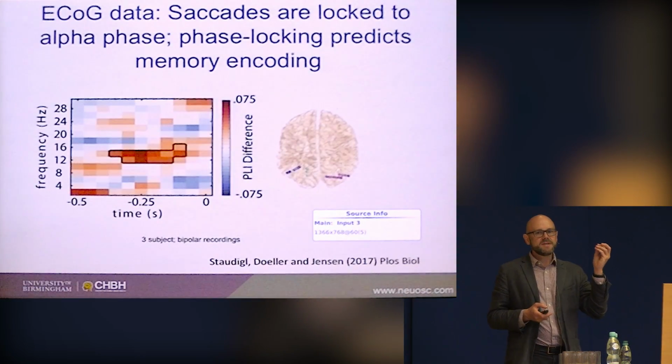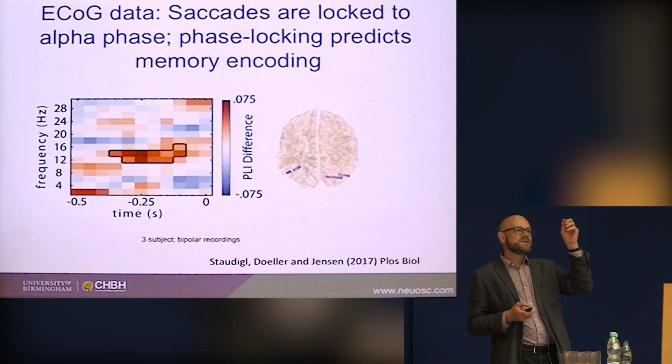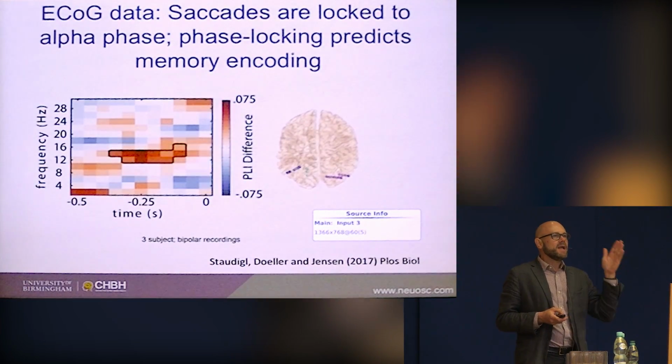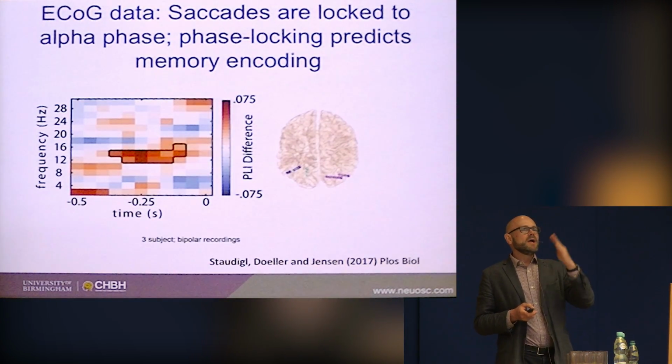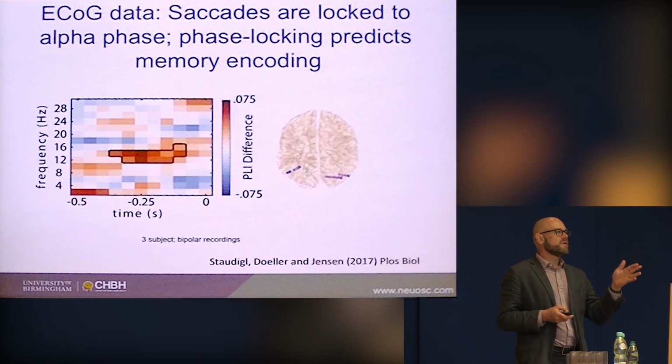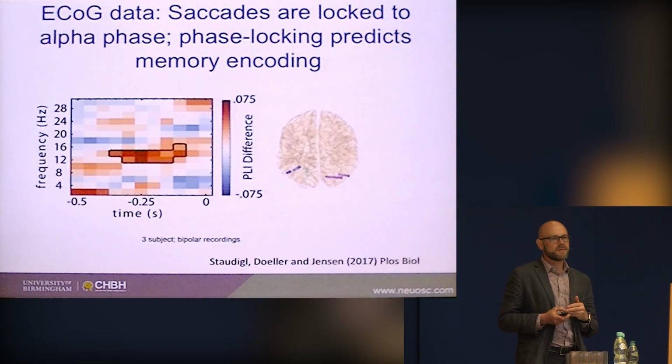And the color code here represents phase alignment, right? So what this here actually means is that the individual trials are phase aligned prior to the saccade, or to put it differently, each time you saccade, your saccade is locked to the phase of the ongoing alpha oscillations, right?